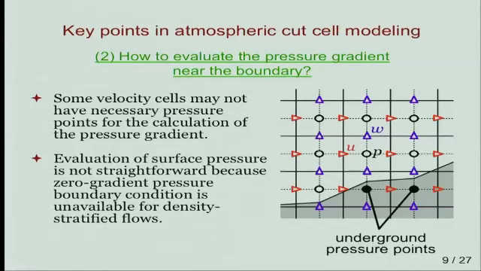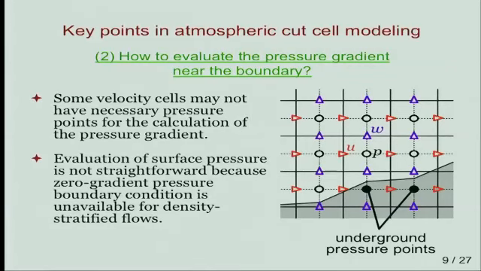It is how to accurately evaluate the pressure gradient near the boundary, because some velocity cells in Cartesian models may not have pressure points necessary to calculate the pressure gradient. There is a simple example.